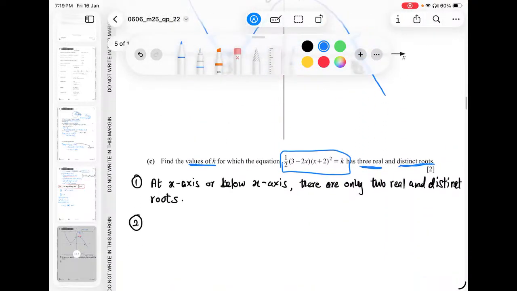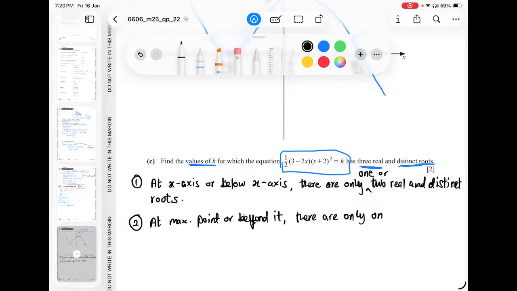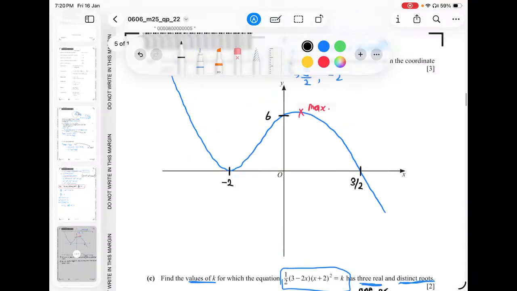So the same applies here: at the maximum point or beyond it, there are only one or two real and distinct roots. So that's your observation 2.